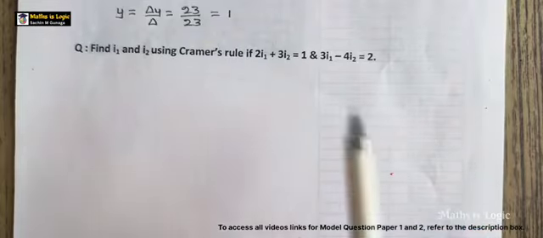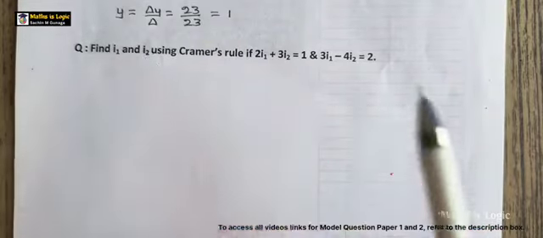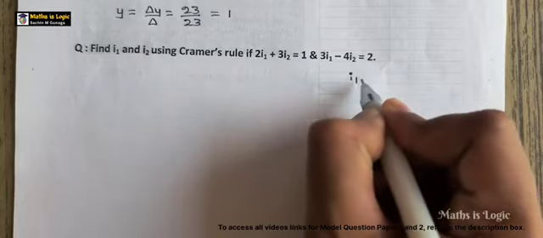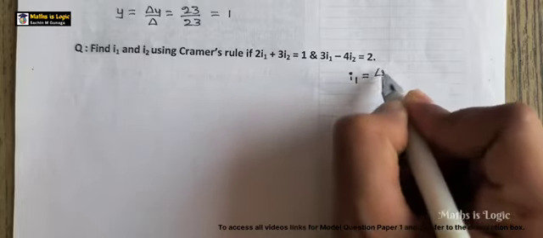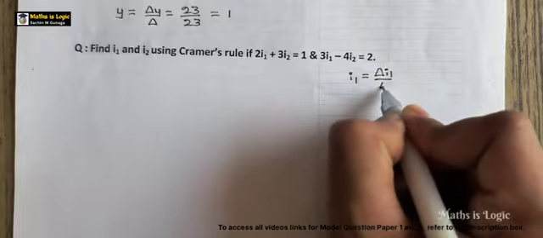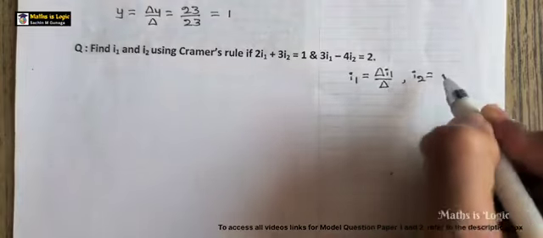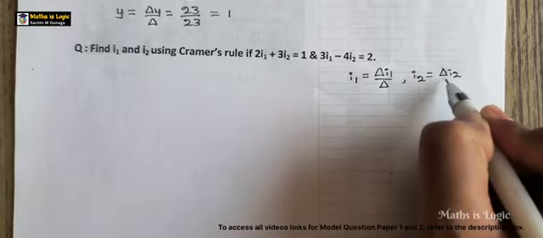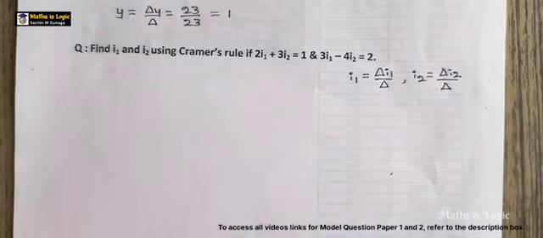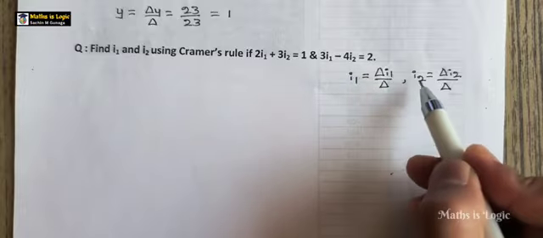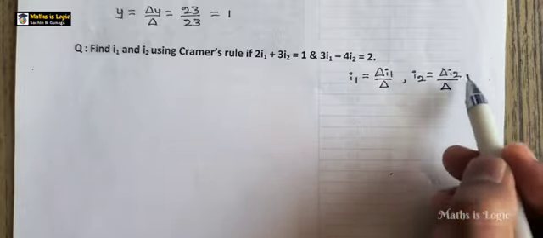Suppose if they give in terms of I1 and I2, that time formula becomes I1 is equals to delta I1 divided by delta, then I2 value becomes delta I2 divided by delta. In place of x we need to replace by I1 and in place of y we need to replace by I2.